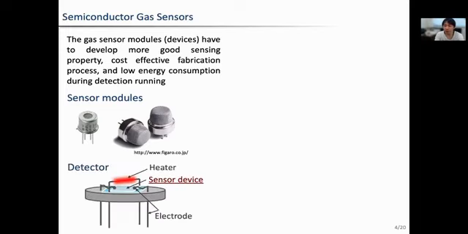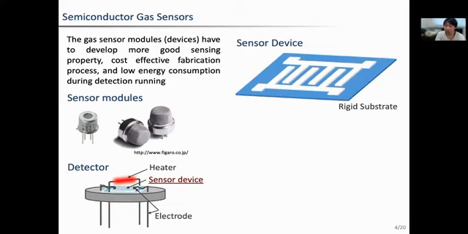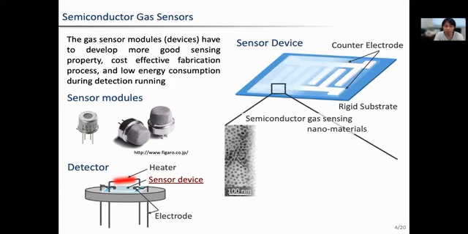The detector consists of 4 electrodes, 2 of which are heaters and the other 2 are sensor device electrodes. The sensor device is fabricated with this kind of counter electrodes on the same rigid substrate, and then the nanomaterials are deposited on the substrate.